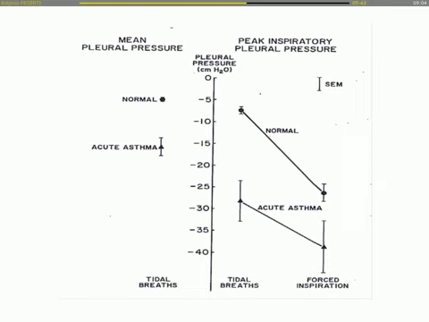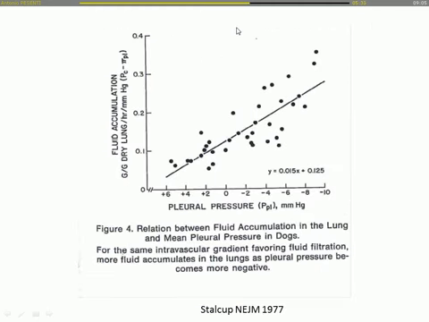Moreover, he needs a very low intrathoracic pressure to maintain dilated bronchi. This is the conclusion of this paper: the more negative the pleural pressure is, the higher the fluid accumulation in the lung, which is a measure of edema.